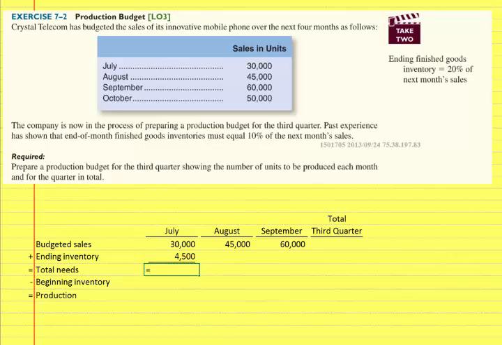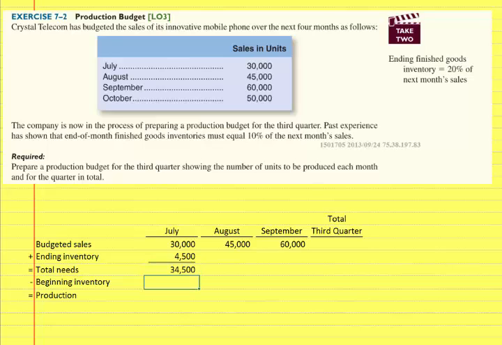My total needs are 30,000 plus 4,500, 34,500. And the question is, where am I going to get those from? Well, if I already have that many in beginning inventory, I'm not going to have to produce any. If I only have 100 in beginning inventory, then I'm going to have to produce the remaining 34,400.